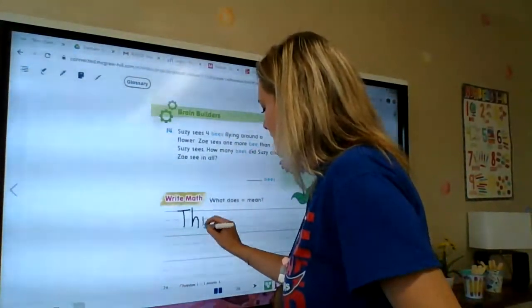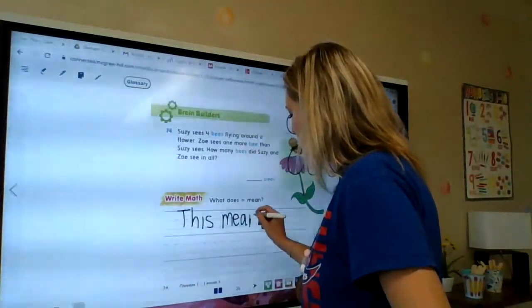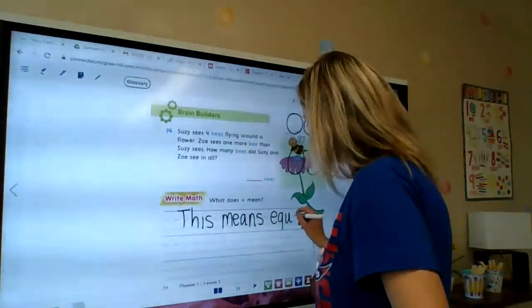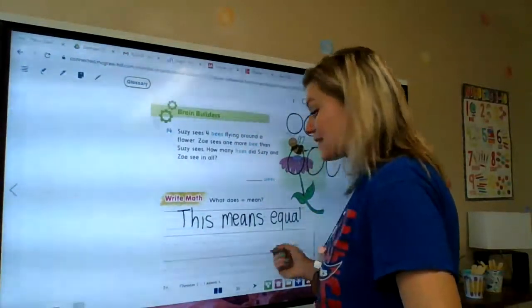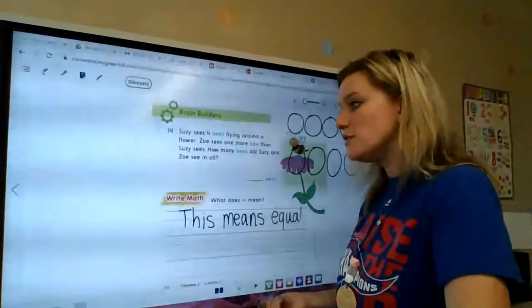This means equal. Okay, so that's what that sign means. It means equal. But what do we use it for?